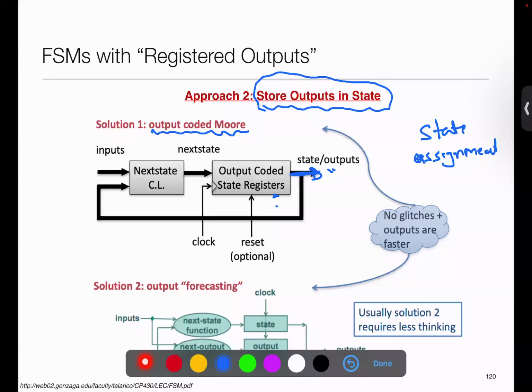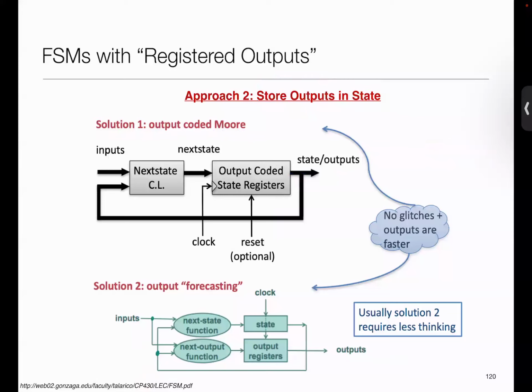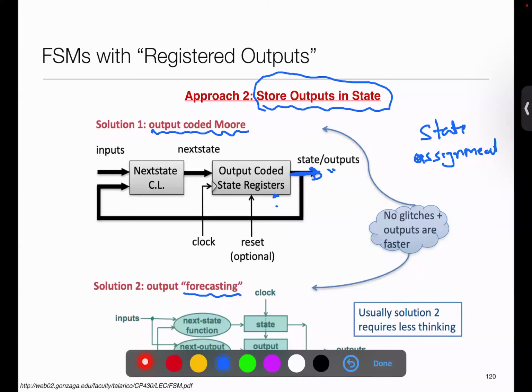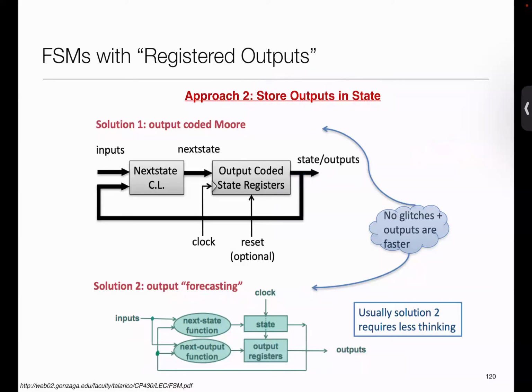Another approach is what is often called a forecasting approach. The idea is that instead of thinking of an output function, I think of the next output function. Remember previously we always had the next state function and the output function.